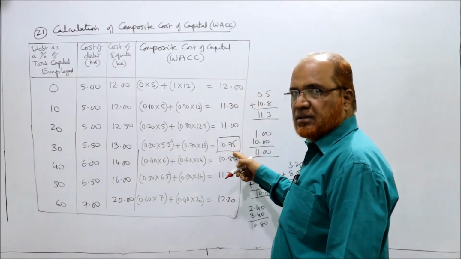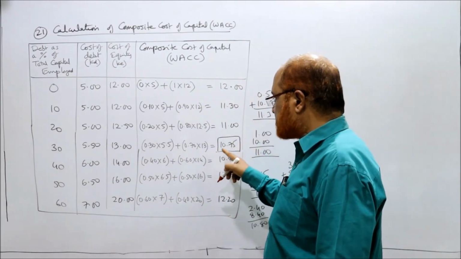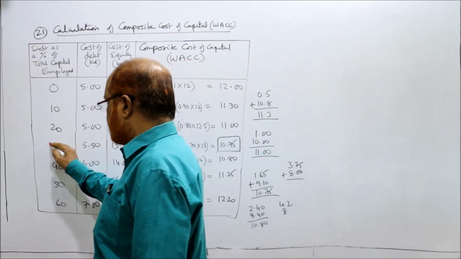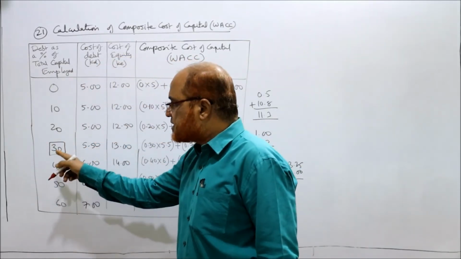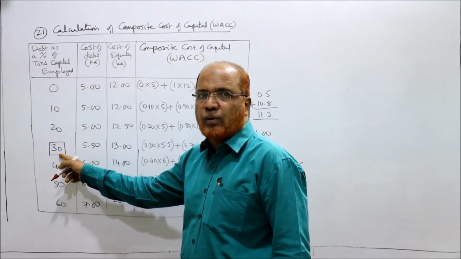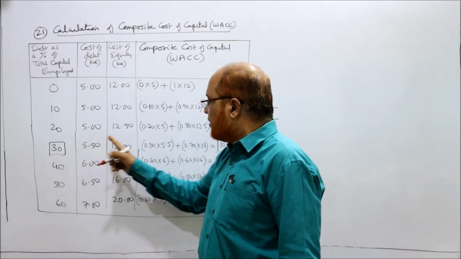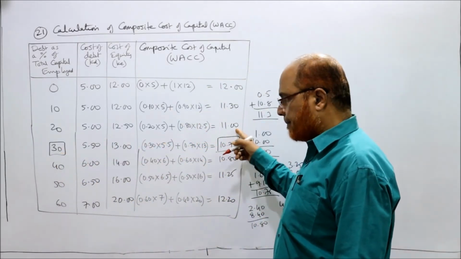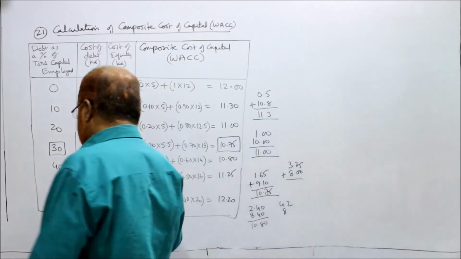10.75 is the lowest. For which debt equity mix we have 10.75? 30%. 30% debt, 70% equity. अगर ये debt equity mix है तो WACC सब में कम है. सब में कम है 10.75.